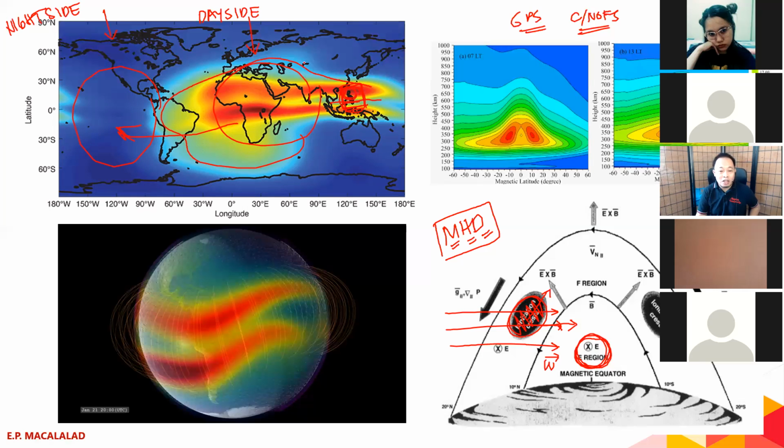Iba yung behavior. Remember yung configuration ng geomagnetic equator would look something like this. So pag iba yung geomagnetic equator, iba rin yung magiging behavior ng ionosphere. So iba yung behavior sa atin, iba sa Indian region, iba rin sa African region, iba rin sa South America region.